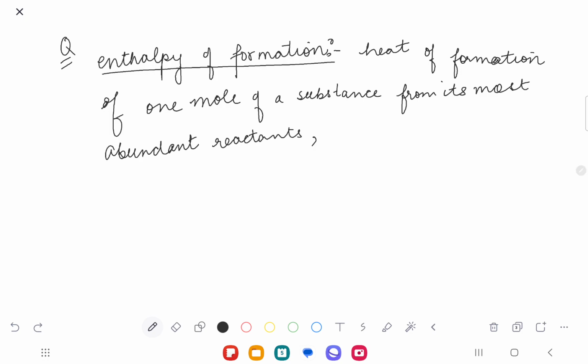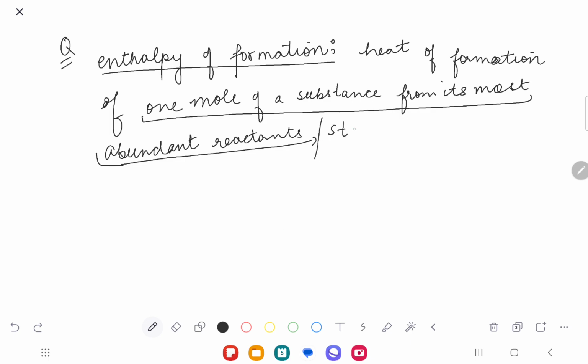That is enthalpy of formation. And most abundant and stable reactants. So, heat of formation of 1 mole of a substance from its most abundant reactant, that would be the enthalpy of formation. Just understand, I would say most abundant and stable reactants.